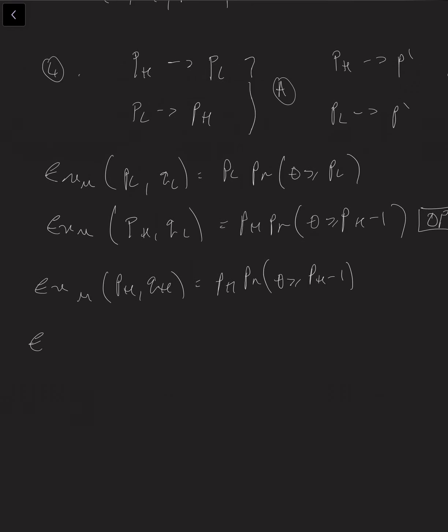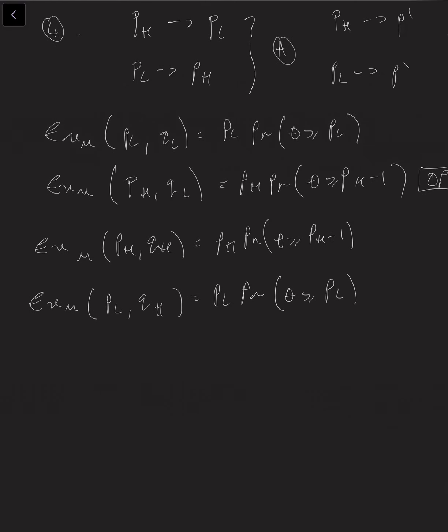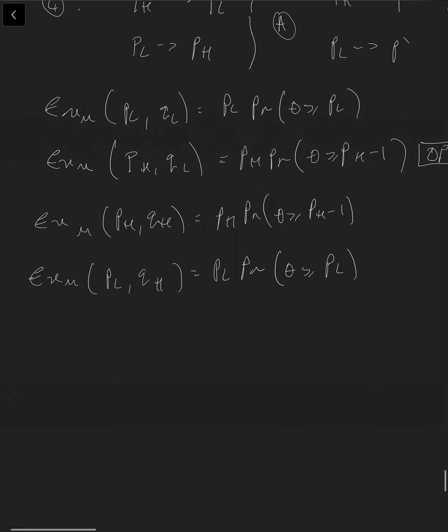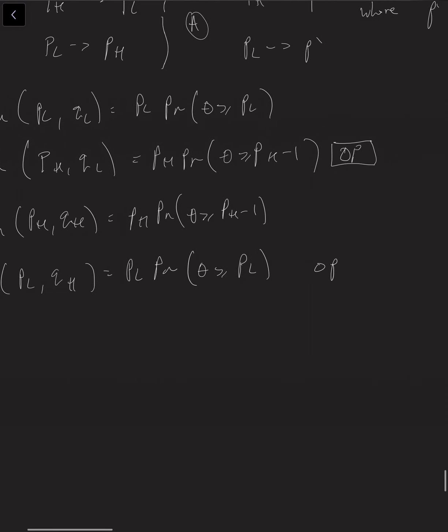That is, what does Monica get if she posts the high quality flat at PL? That's just going to be PL times the probability that theta is greater than or equal to PL. Okay, so this is off path as well.